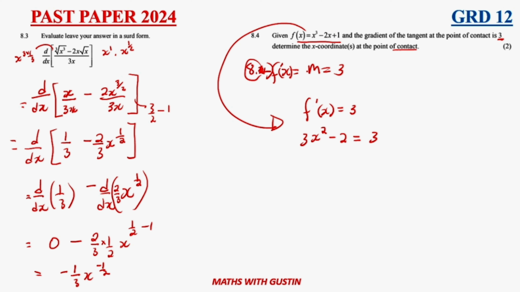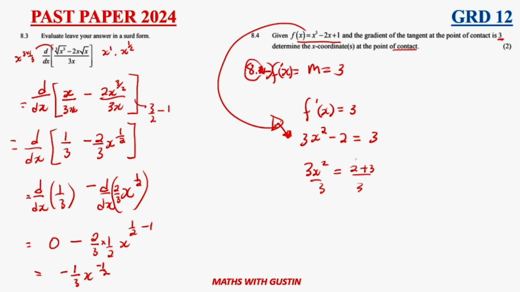So if you take the derivative of that, it should give you this here, and then you should be able to equate it to 3, and then you need to solve for x in this case. So we are going to have 3x squared, then take this to that side, which gives us 2 plus 3, which is equal to 5.